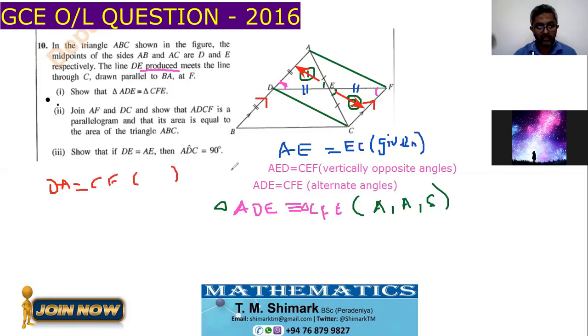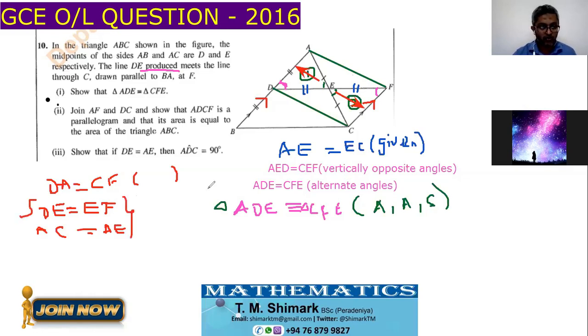Also, there is a theorem we learned: if the diagonals bisect each other, then it is a parallelogram. DE equals EF is the important information, and also AE equals EC. So the diagonals clearly bisect each other.